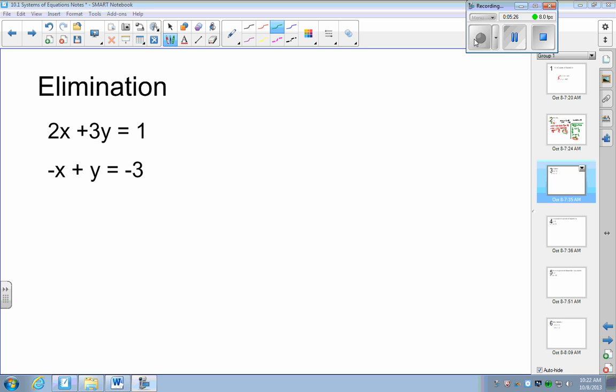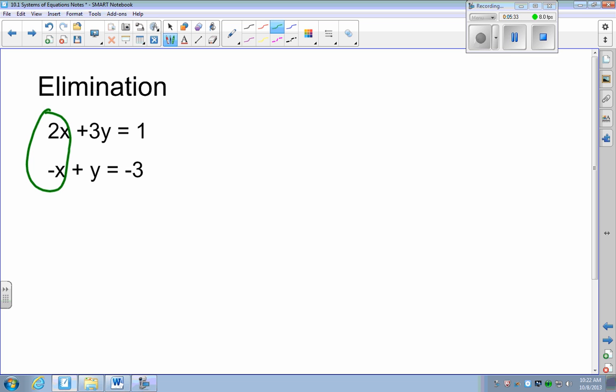Well, a lot of you guys know it as the stack and add method. And the way that we do this is we look at either our x's or our y's and find a multiple that would multiply one equation to be the opposite of the other. So what I mean by that is, here if we're just looking at our x's, we want our coefficient in front of our x to be the opposite of the other x in the other equation.